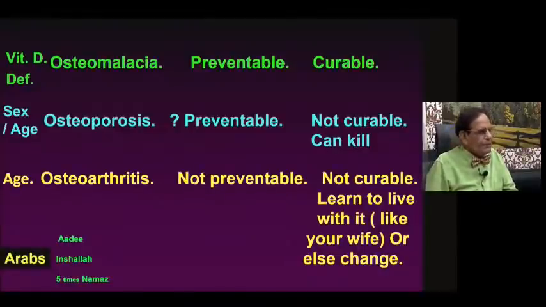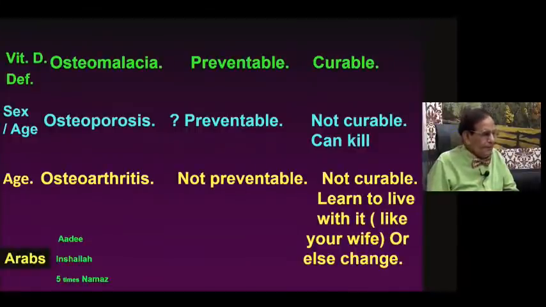While osteoarthritis is also related to age, you don't find it in young boys and girls. After the age of 35 or 40, the fatter you are, the earlier it will come. The less exercise you do, the earlier it will come. It is a disease of wear and tear of the joints of the spine and the knee.